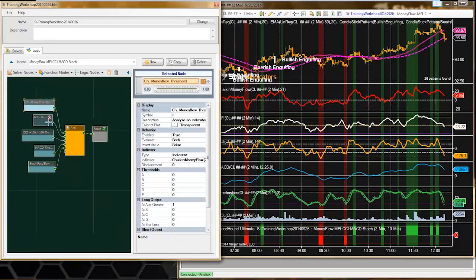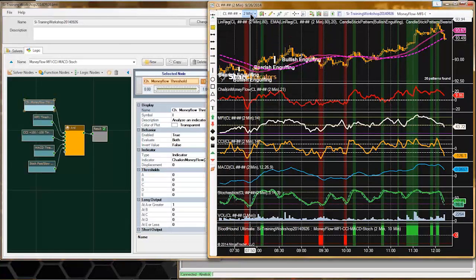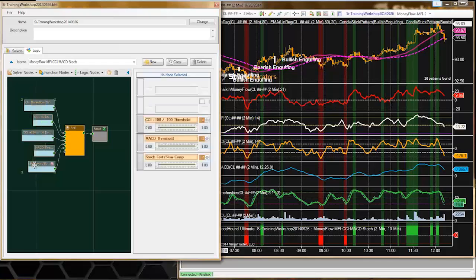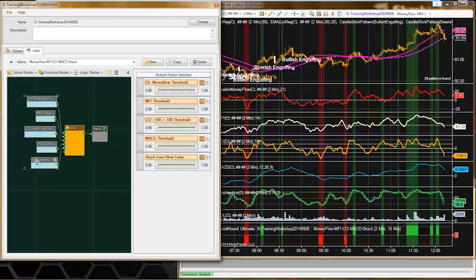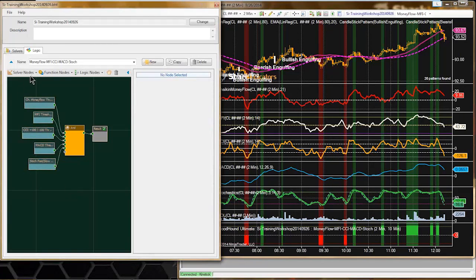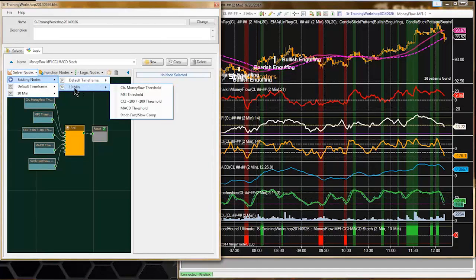Now all these solvers that I have on here are all operating on the 2-minute chart. Whatever this chart is set to is what they're operating on. So our chart's a 2-minute chart, so all 5 of these solvers here are operating on the 2-minute chart. Next, under existing nodes, you'll notice we now have a 10-minute section here with all of our solvers from the 10-minute chart.